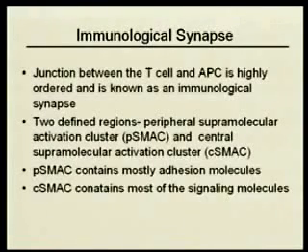Within the synapse, there are two defined regions. There's the peripheral supramolecular activation cluster, and they call it the PSMAC. And there's also the central supramolecular activation cluster, or the CSMAC. Typically, the PSMAC contains most of the adhesion molecules, and the CSMAC contains most of the signaling molecules.